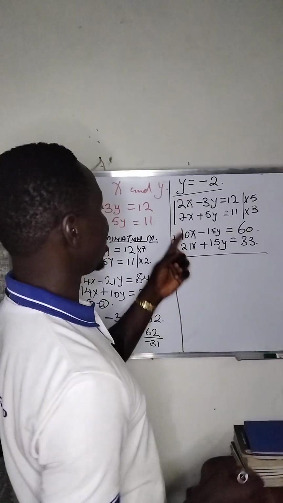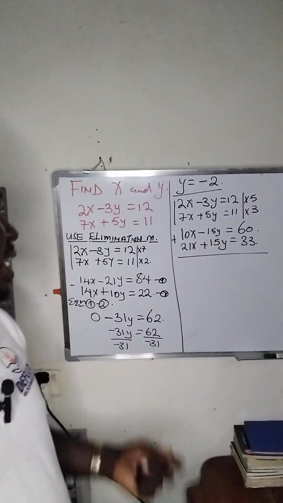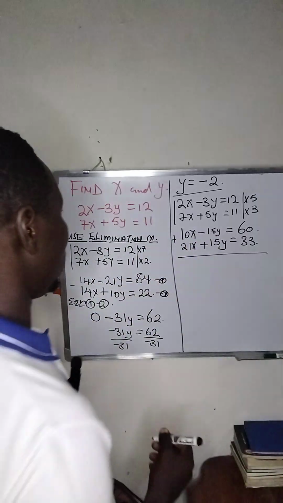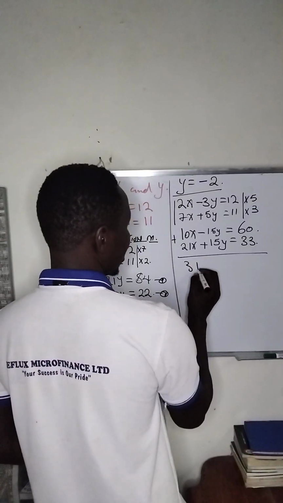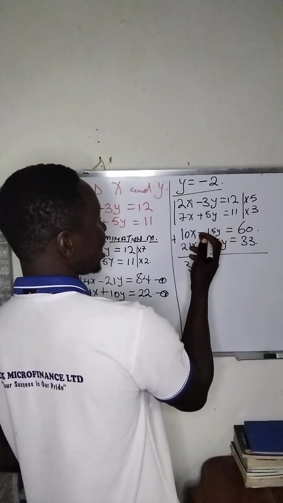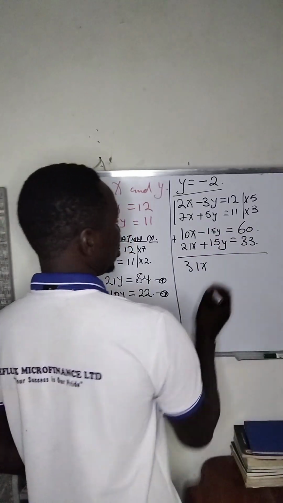It is all about addition. Remember, when we add these, that's when the y terms are going to get eliminated. Our aim is to eliminate the value of y. Now when we add, this becomes 10 plus 21, that is 31x. This one will go because it's negative 15y plus 15y, they cancel to 0.